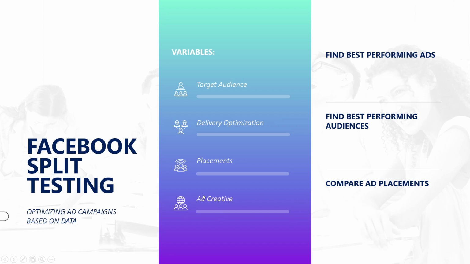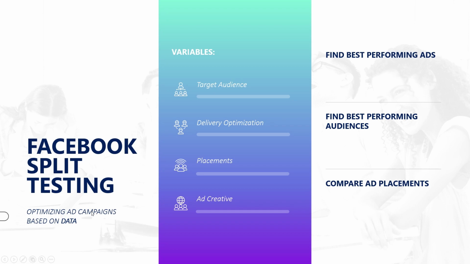So ad creative is mostly to find out which ad format and which ad creative type is going to resonate with your audience. So by performing Facebook split testing, you can find your best performing ads, you can find your best performing audiences and compare ad placement. And based on the data that you get, that's how you can optimize your ad campaigns.